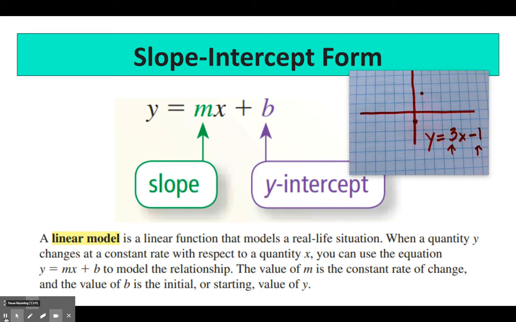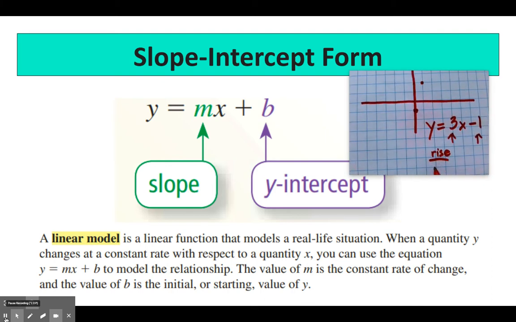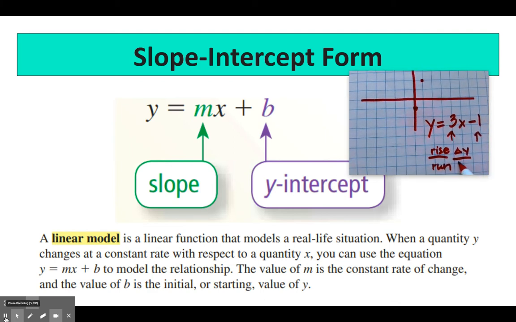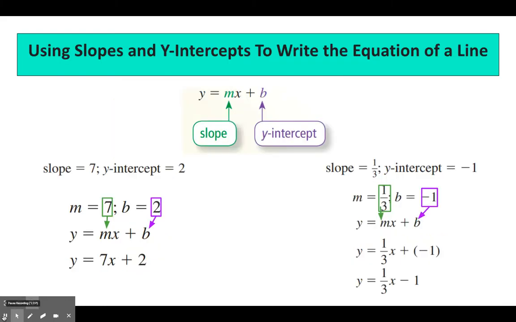Because slope is always rise over run, which means your change in y over your change in x. So if we know a point and we know the slope, we can graph a line.